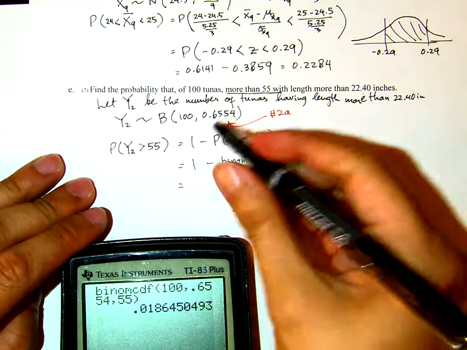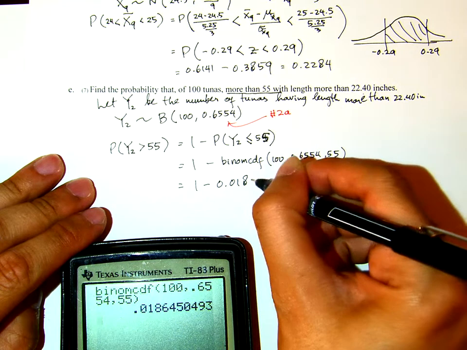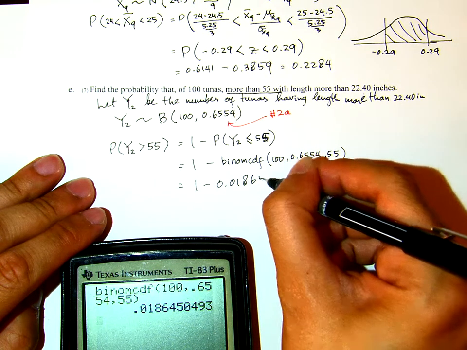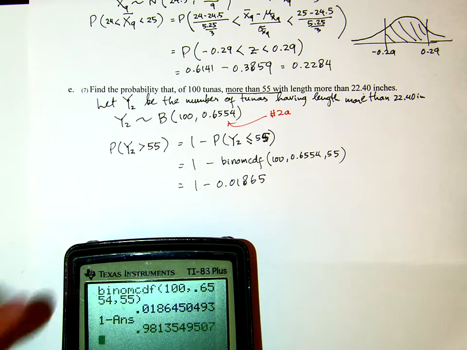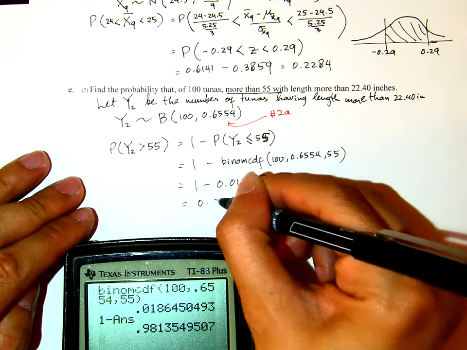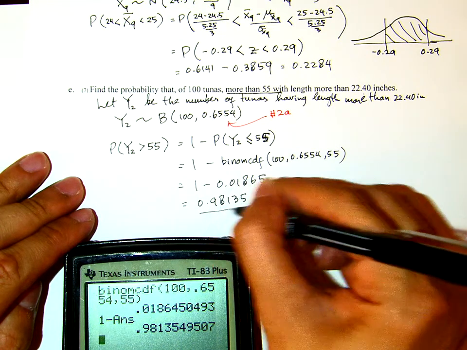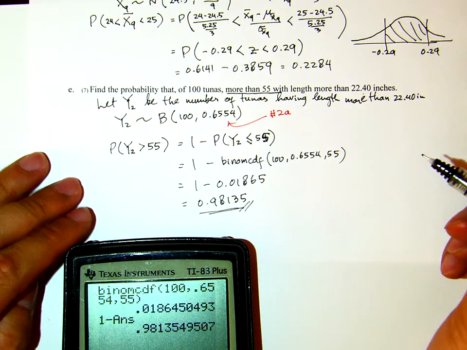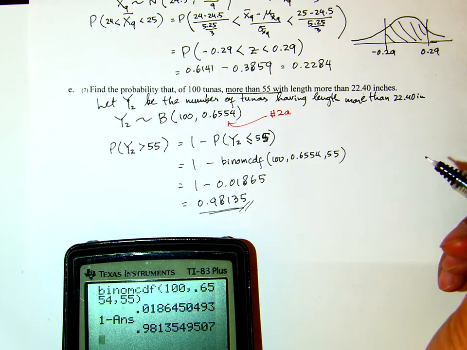I get 0.01865. If I subtract this from 1, that equals 0.98135. That's the probability that out of those 100 tunas, more than 55 of them will have length more than 22.4 inches.